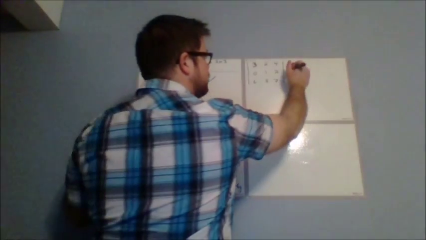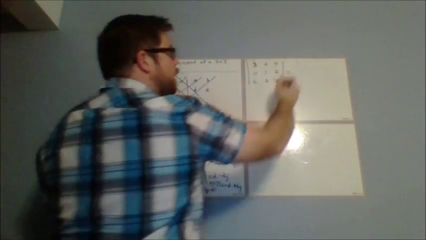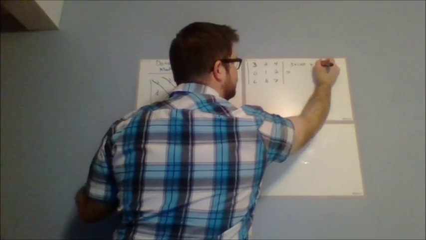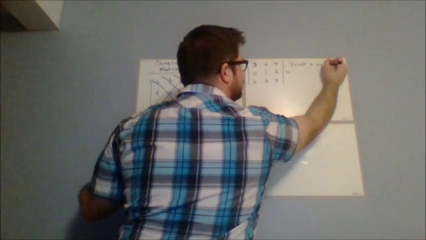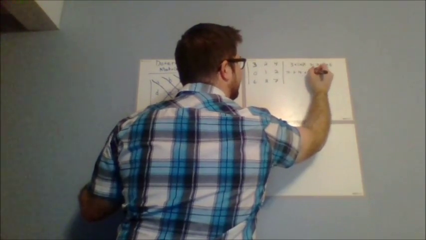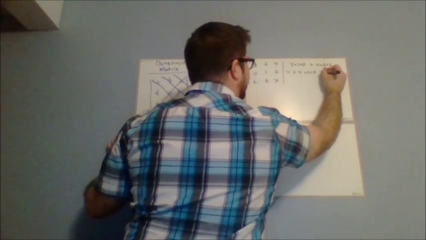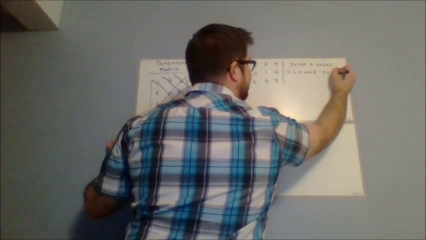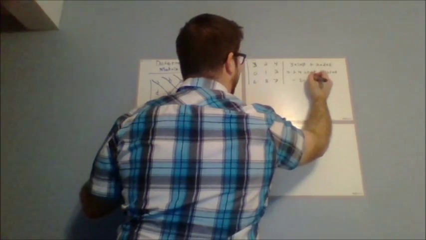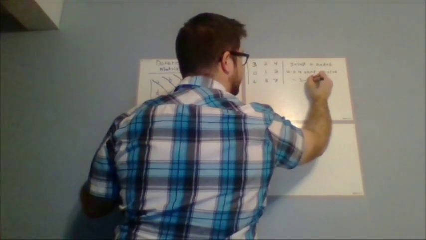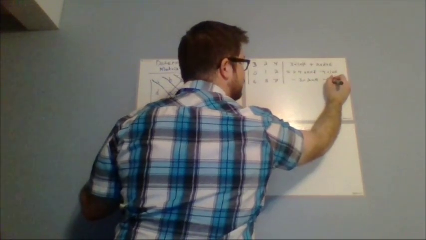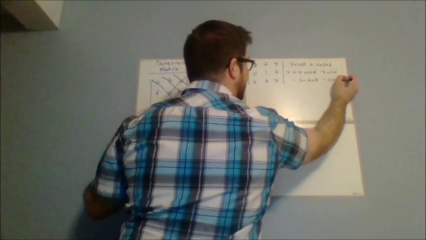I'm at 9 minutes, so I'm going to have to fly, but that would be 3 times 1 times 7 plus 2 times 2 times 6 plus 4 times 0 times 8, subtract 4 times 1 times 6, subtract 3 times 2 times 8, subtract 2 times 0 times 7.